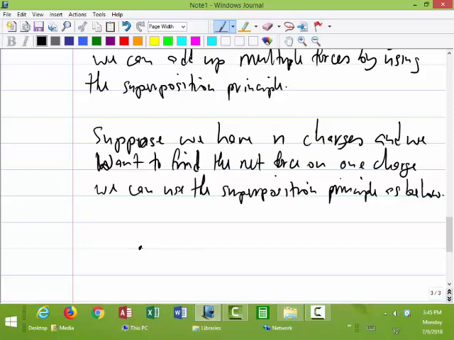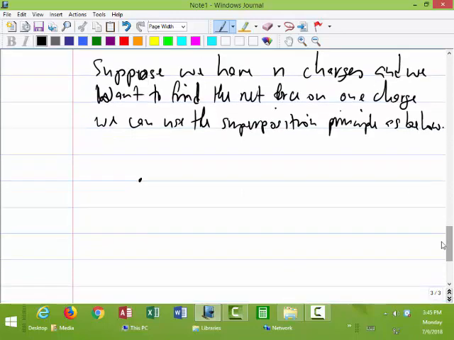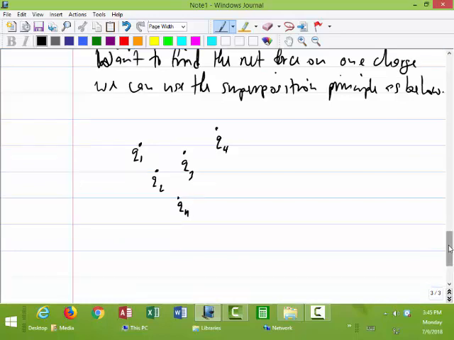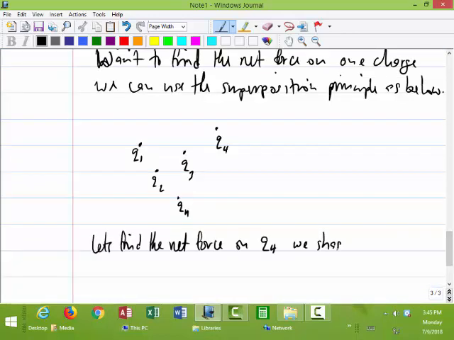Let's say this is a point charge Q1, a point charge Q2, this is Q3, and this is Q4, and there's another charge here, Qn. Suppose we want to find the net force on Q4. We shall proceed as follows.